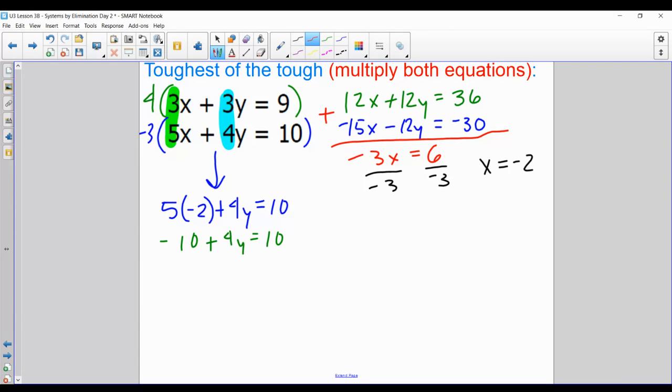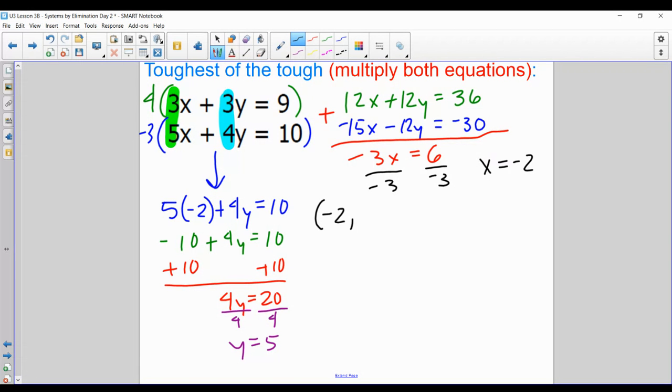Try and get y by itself, so I'm going to move the 10 by adding it. So I get 4y equals 20. Divide by 4, and I get y equals 5. So my solution is the point -2, 5.